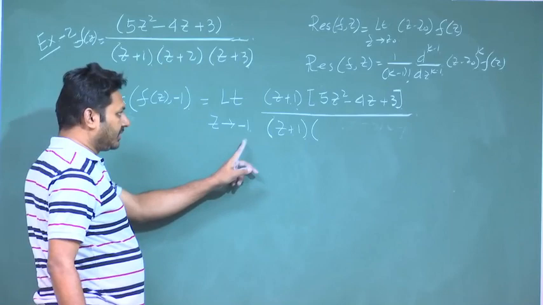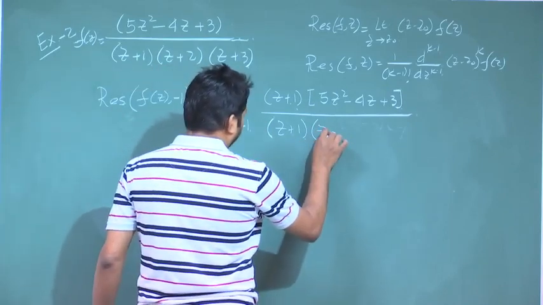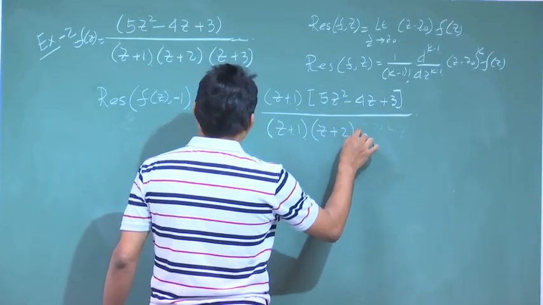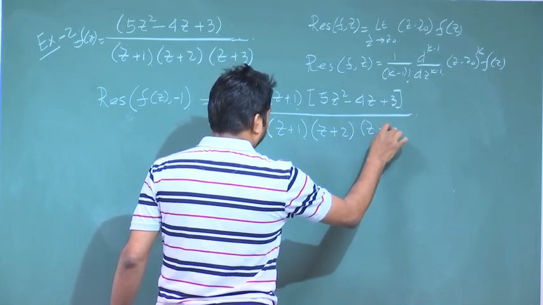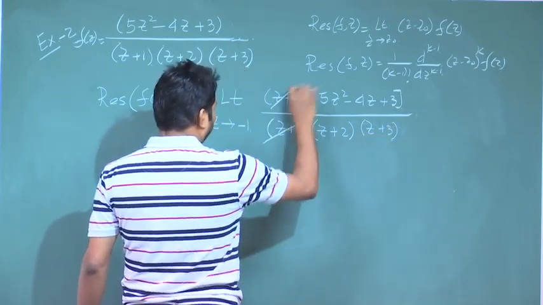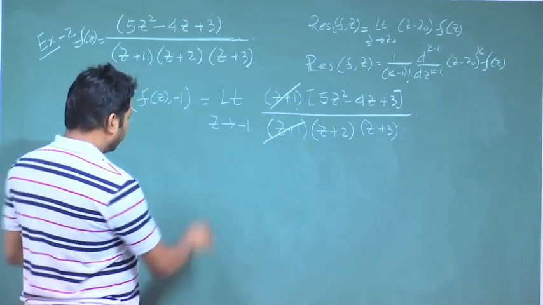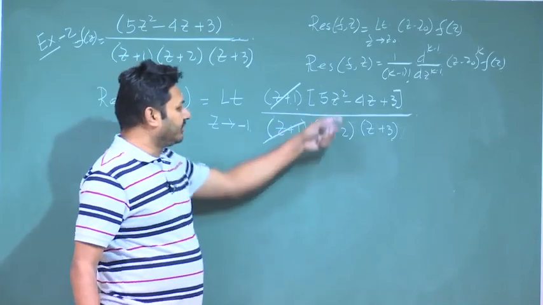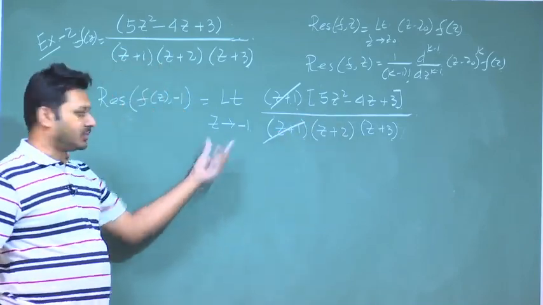So z minus (minus 1) is z plus 1, and z plus 1 will cancel out. Then I just need to evaluate this function at z equal to minus 1, that is all.